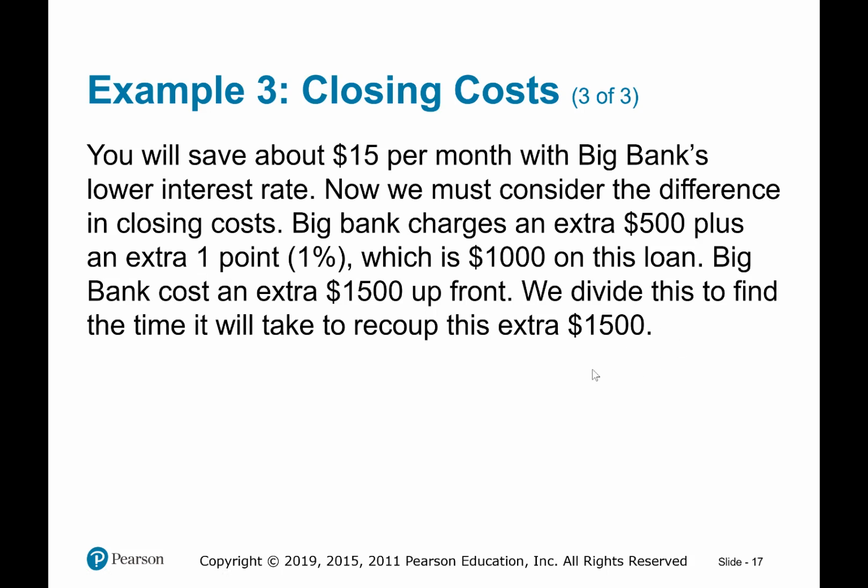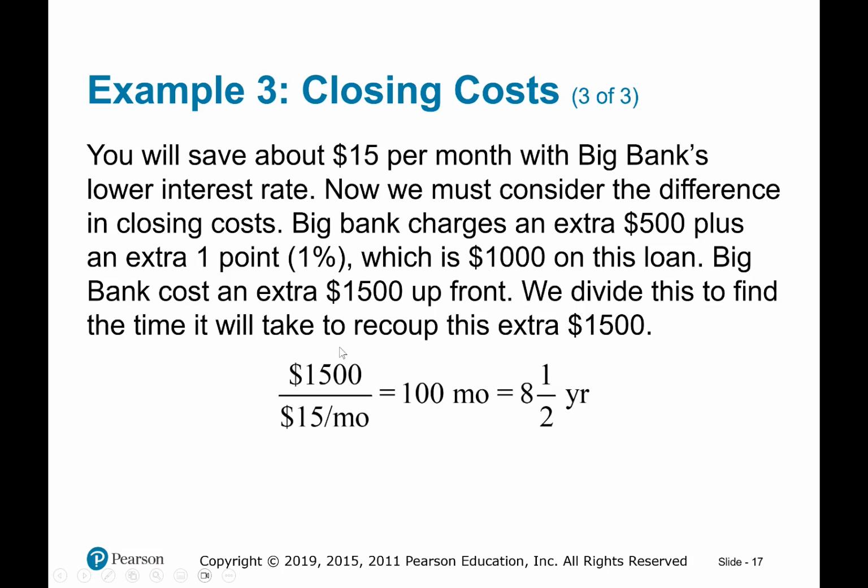So now we got to figure out how long will it take to break even or get our money back for the $1,500 extra dollars we're paying. So we're saving $15 per month, but we're paying an extra $1,500. How long is it going to take to recoup that money with the savings?